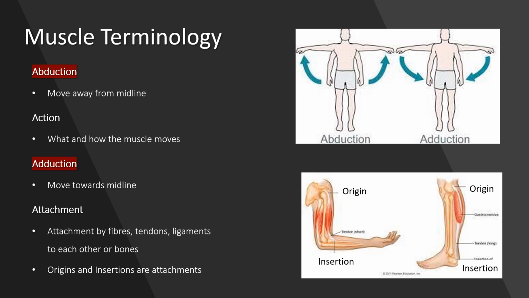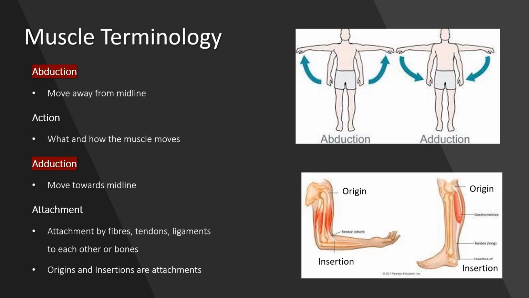Now, if we go down to the adduction, a couple of headings down, adduction is adding something to the body. So in this case, that is moving towards the midline. So an adduction is the opposite of an abduction. An action, however, is what and how the muscle moves. So we talked a little bit about the different types of movements.